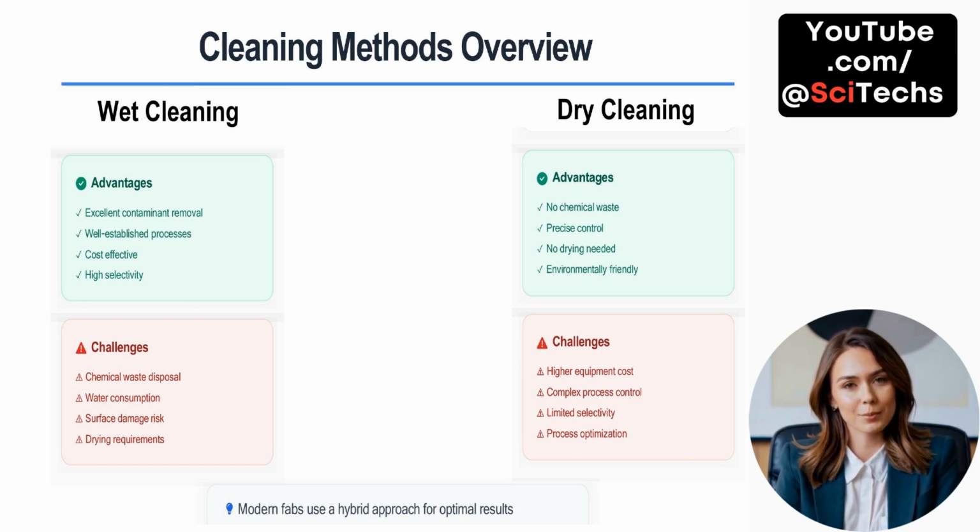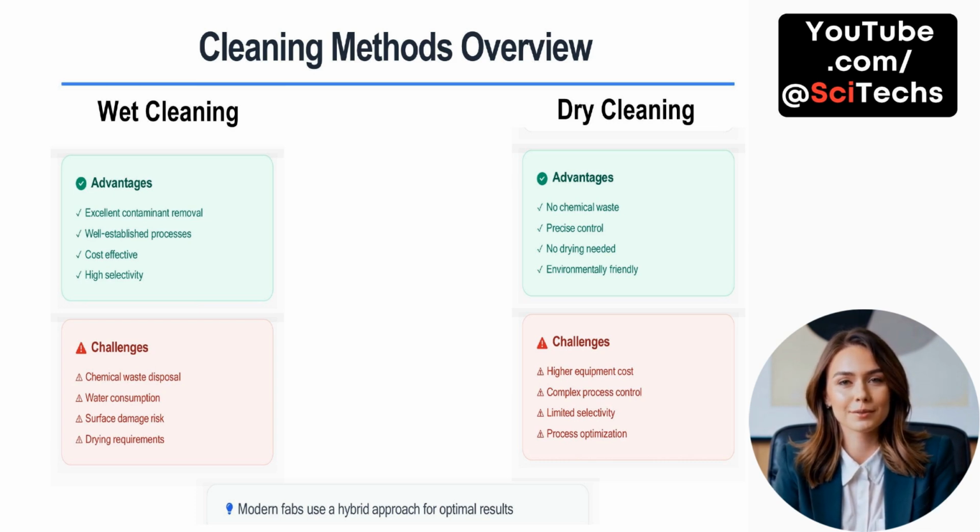However, it also poses several challenges. Managing chemical waste is costly and environmentally sensitive, and the high water usage raises sustainability concerns. Wet cleaning can also damage delicate surfaces and requires additional steps for drying wafers, which adds time and complexity.